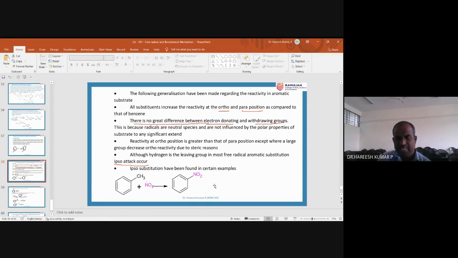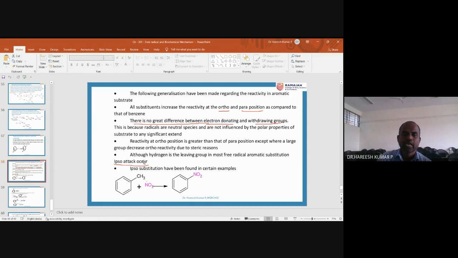Reactivity at the ortho position is greater than at the para position, except where a large group decreases ortho reactivity due to steric hindrance. Although hydrogen is the leaving group in most free radical aromatic substitution reactions, there is also ipso attack.